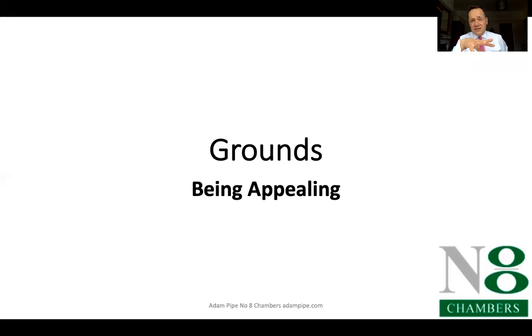Sometimes when we're vexed by a decision, we want to go into a long rant of why we think the judge was wrong or why we think the Home Office were wrong in their decision. The danger is we just end up with a long disagreement which doesn't identify an error of law. So that's the big issue I see there, and the challenge which I think this shows us.